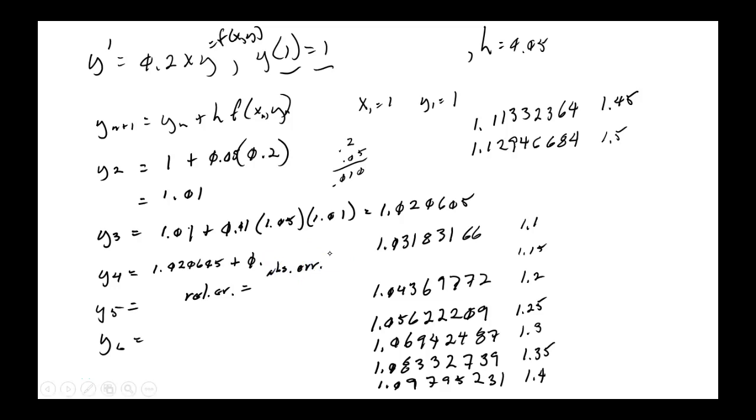The difference between what we calculated and the known value at each one of these data points for x, divided by the actual value, if you know the value.